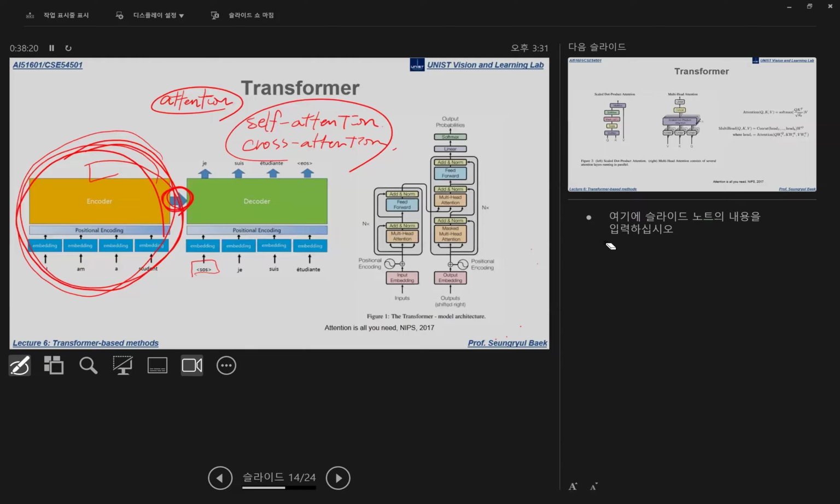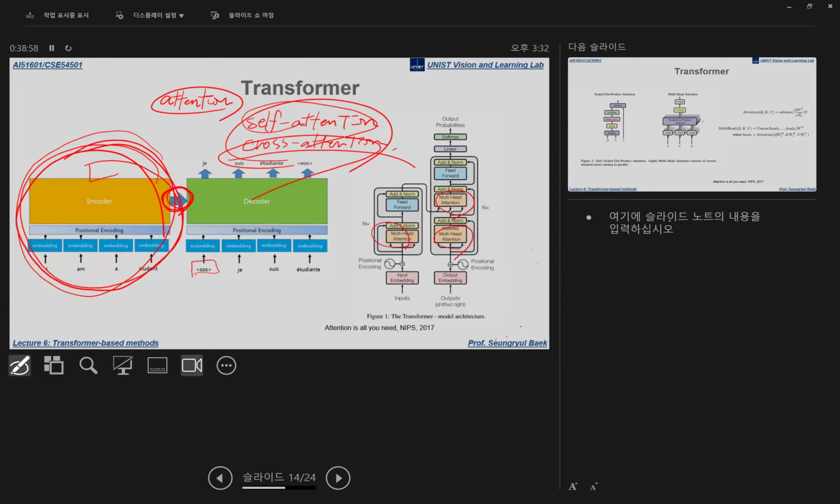But this part is called cross-attention because some of its inputs are coming from the encoder's features, and some others are coming from the previous decoding layers. Because their inputs are coming from heterogeneous sources, they are called the cross-attention mechanism, and when their inputs are coming from the same source, they are called the self-attention mechanism.